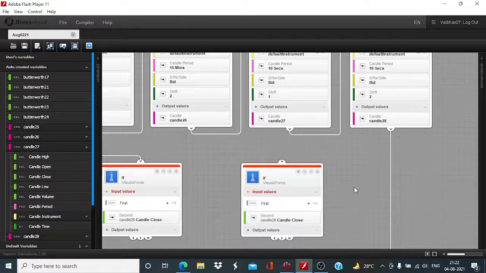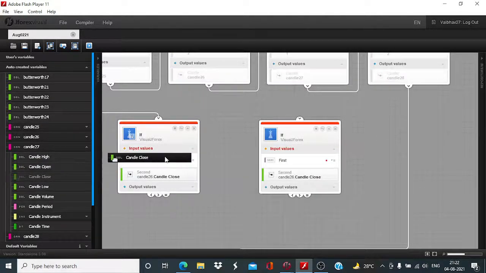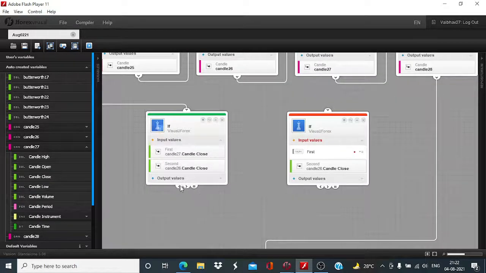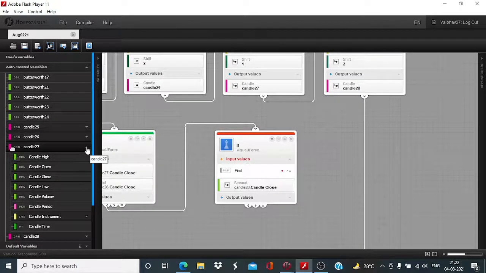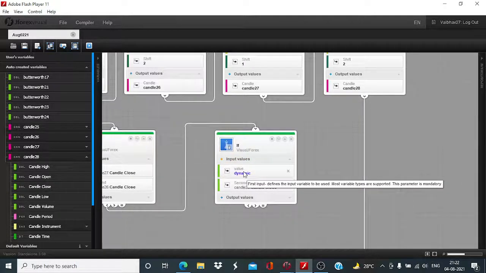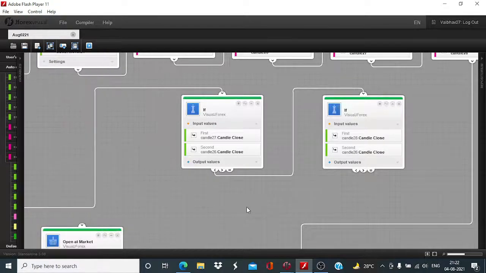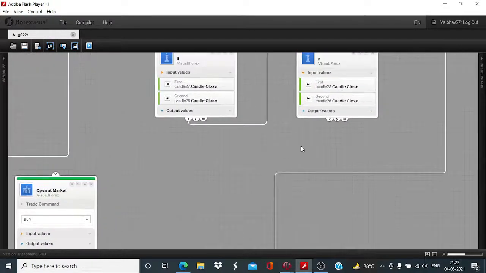Candle 27 has a lookback period of 1, so we need it to have closed lower, first input less than second input, and candle 28 should have closed higher. So in this case, first input greater than second input.